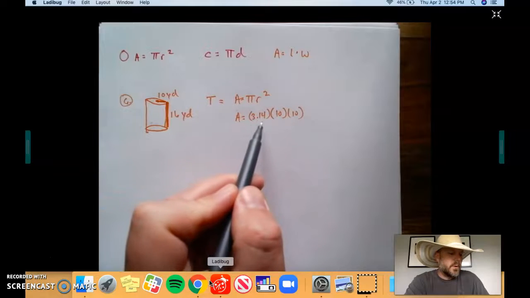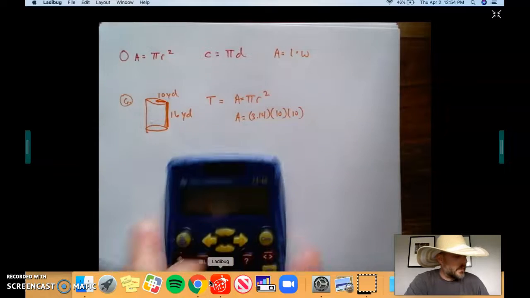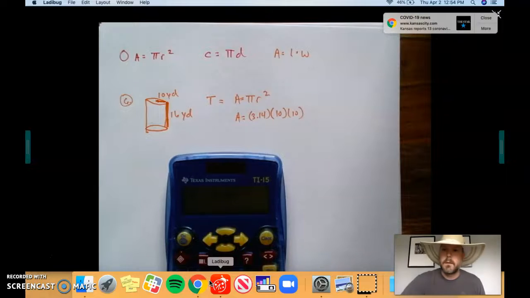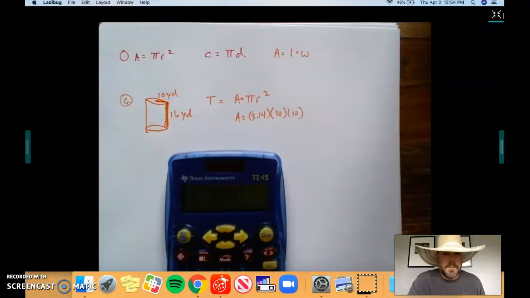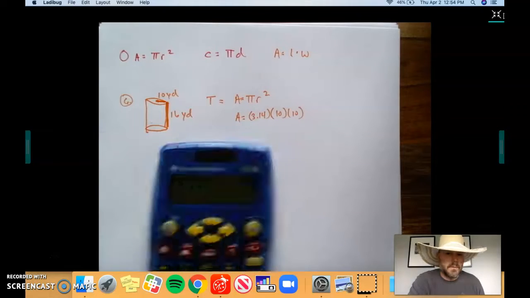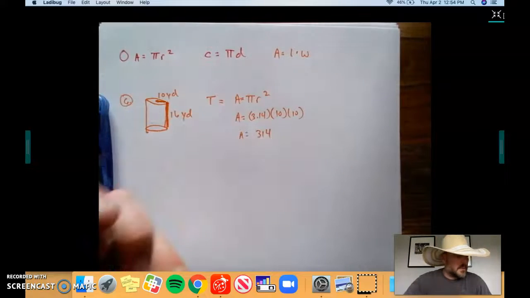So here I have 3.14 times 10 times 10. When I put this in the calculator, 3.14 times 10 times 10 equals 314.